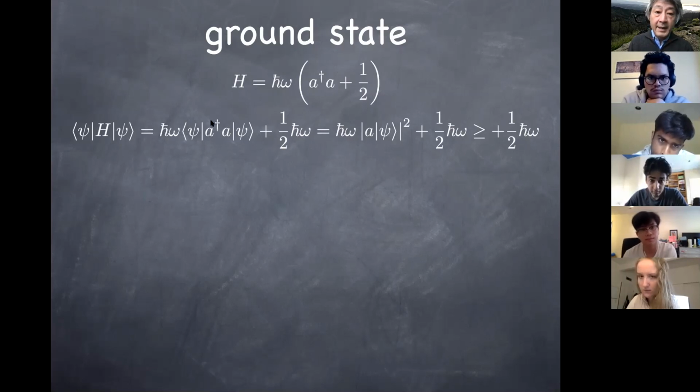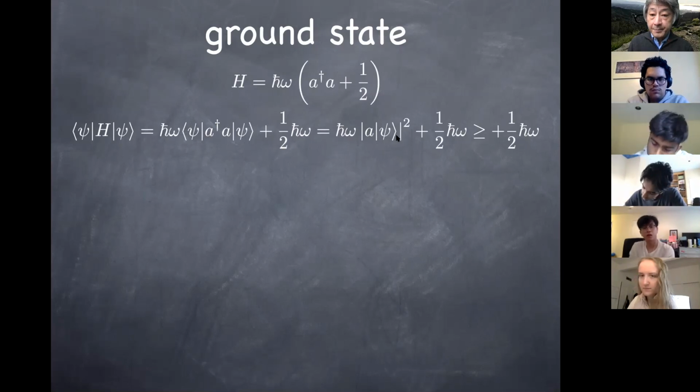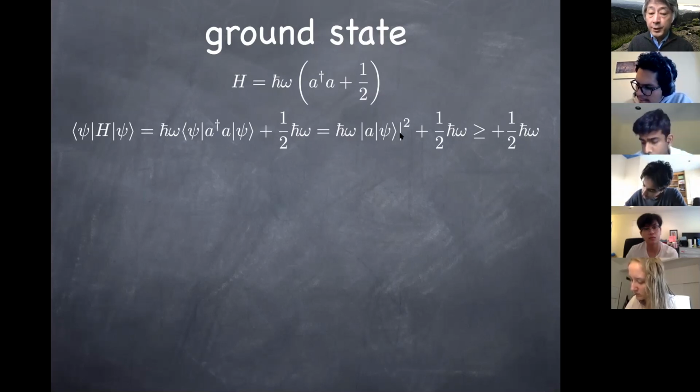But given that A dagger is the Hermitian conjugate of A, this expectation value of A dagger A can be written as the norm of the state A acting on ket psi, because A acting on ket psi is the second half of this matrix element, but the norm has this Hermitian conjugate to it.